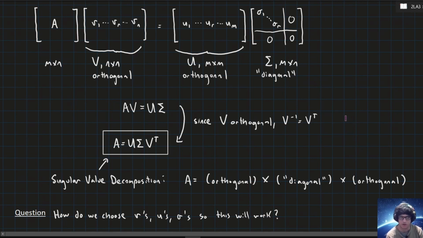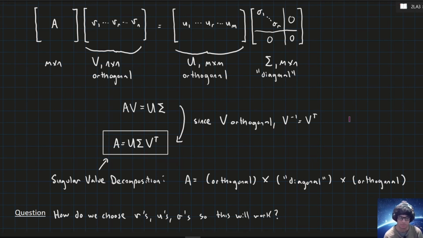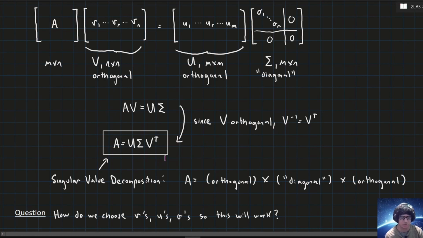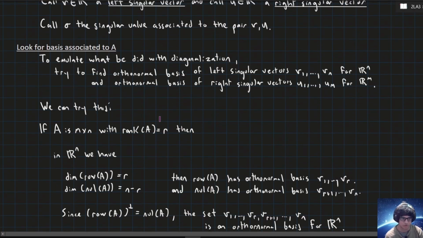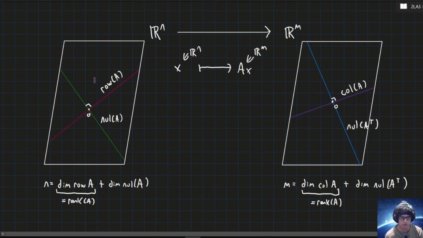What I've said so far is just a template of how this decomposition works in theory. But remember, the row space and the column space are subspaces, so they have orthonormal bases, but they have infinitely many orthonormal bases.